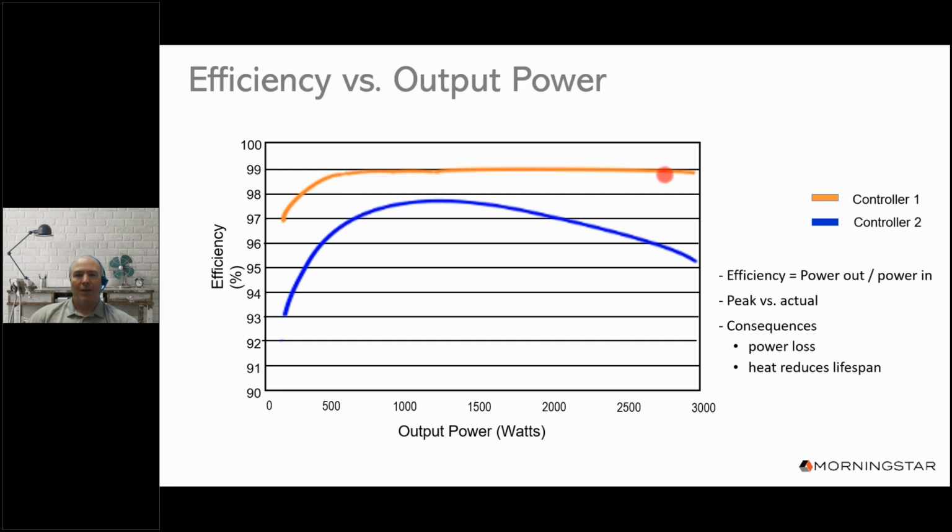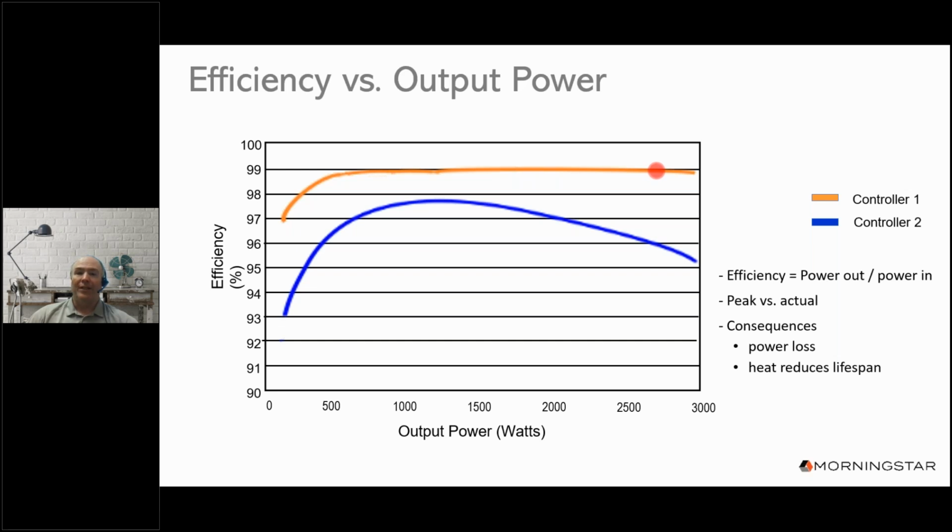high output power levels, whereas the other controller's efficiency represented by the blue line, you can see how it drops off rather dramatically at output power levels away from its peak efficiency, which is right about here. You can see how the Morningstar controller reaches near peak efficiency very quickly and then remains at high efficiency throughout virtually all power levels on the graph.